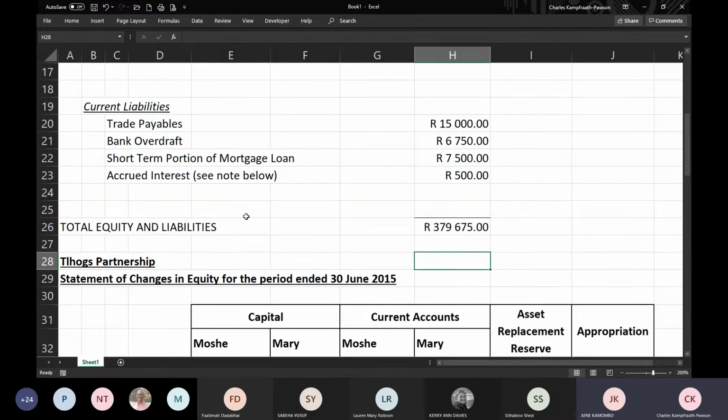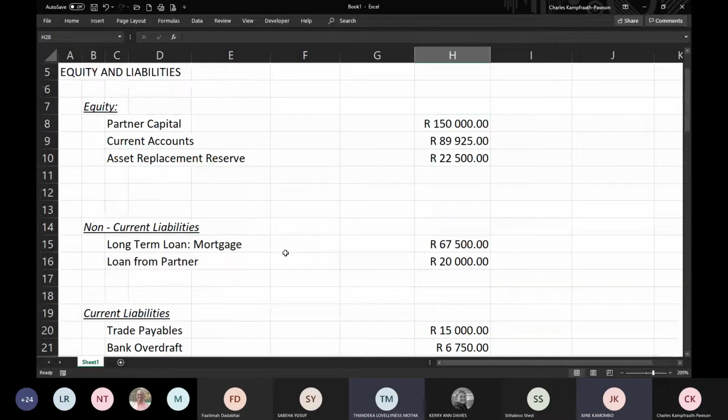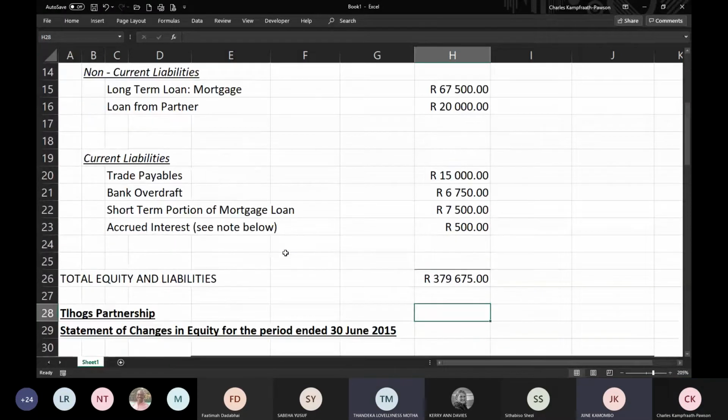Yes, sir. I'm seeing that the appropriation profit you calculated is 50%. Is it because they didn't state how the profit is shared among the partners? We will just assume it's 50% for each. Yeah, if they didn't tell, which they would probably always do, the capital contribution is the way that you will split the profit, because that is what each of them contributed.